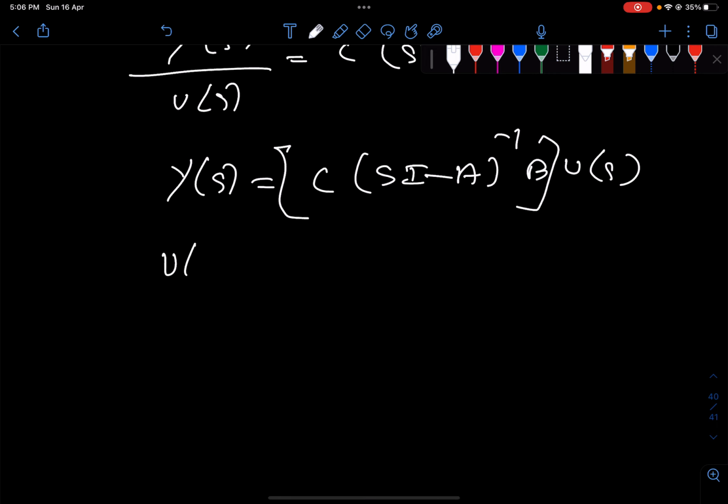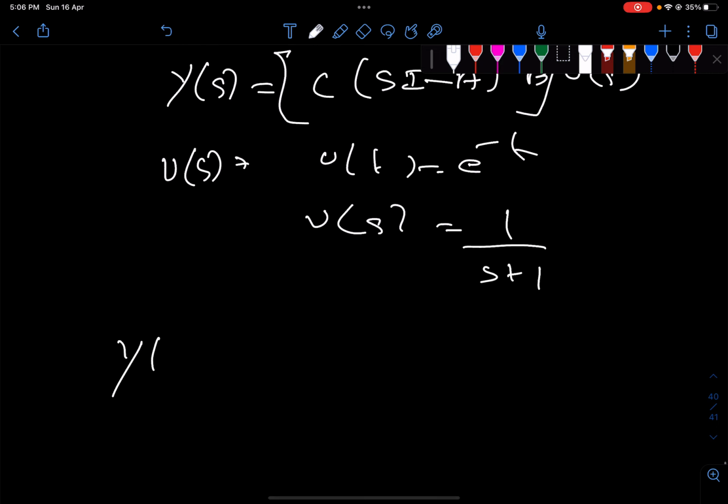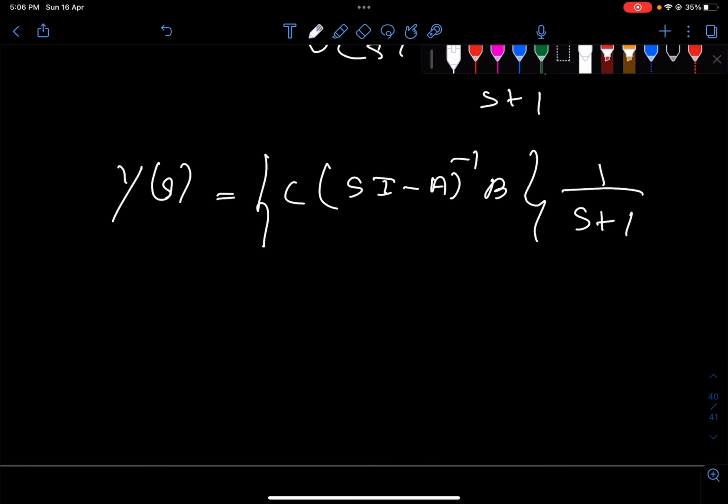So what is U(s)? If u(t) is given as e to the power minus t, U(s) is 1/(s+1). So Y(s) equals C(sI - A)^-1 B, multiplied with 1/(s+1). That will be the Laplace output.